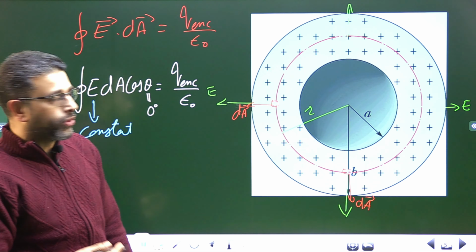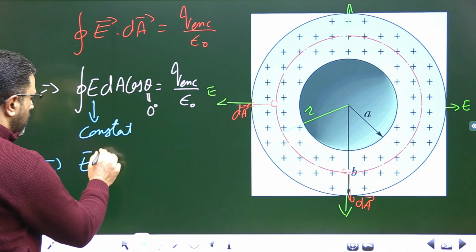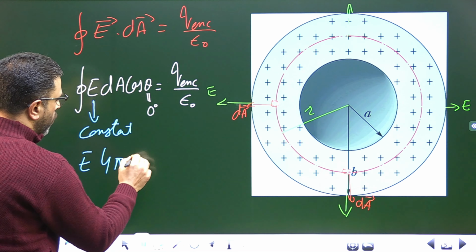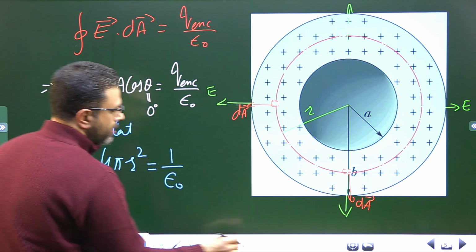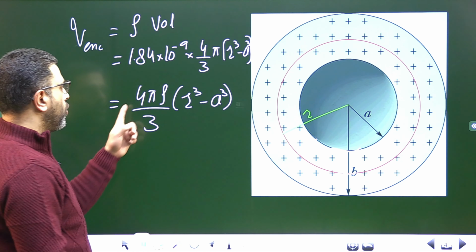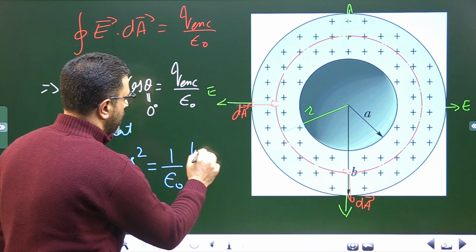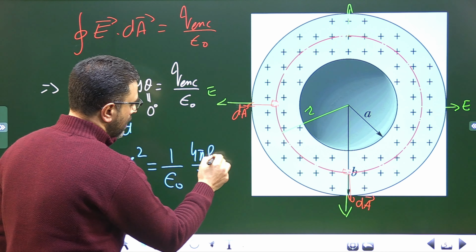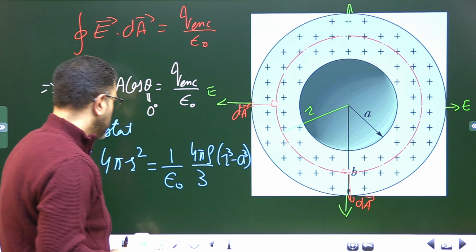Integration of dA is the total area A, which is 4 pi r squared for this spherical Gaussian surface. So 4 pi r squared E is equal to Q enclosed divided by epsilon 0, so 1 by epsilon 0 times 4 pi rho divided by 3 times (r cube minus a cube).